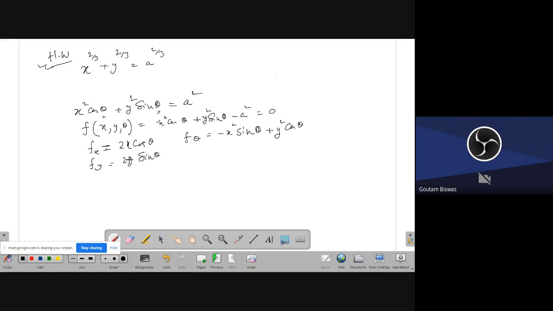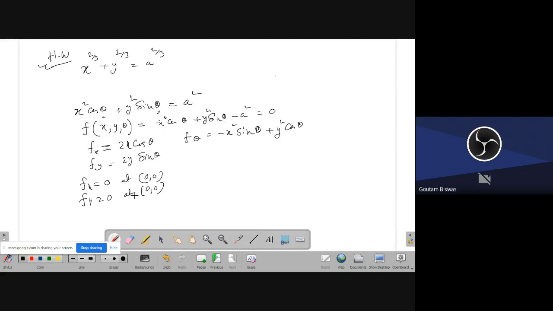Now this fx is equal to 0 at (0, 0). Fy is equal to 0 at (0, 0).